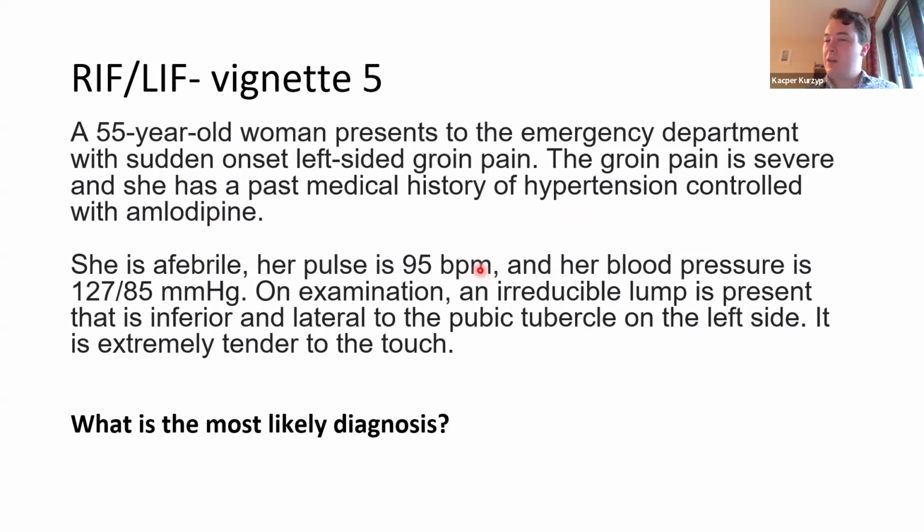Afebrile, 95 beats per minute pulse. Blood pressure is fine. You find an irreducible lump that is inferior and lateral to the pubic tubercle on the left side. It is extremely tender to touch.